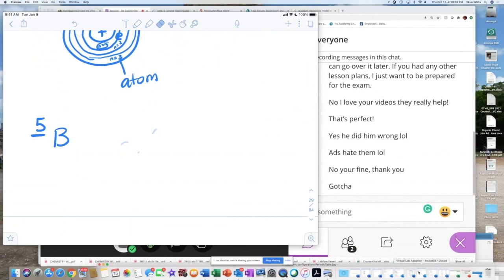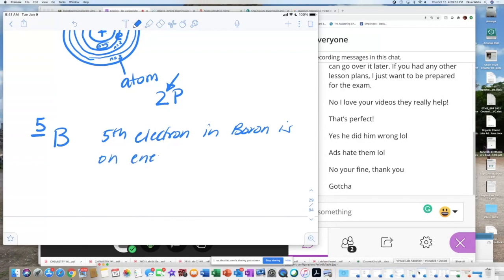So to illustrate that, I'll just show you here, 2p, once again. 2 stands for the energy level. That means the 5th electron in boron is on energy level 2 based on this number.